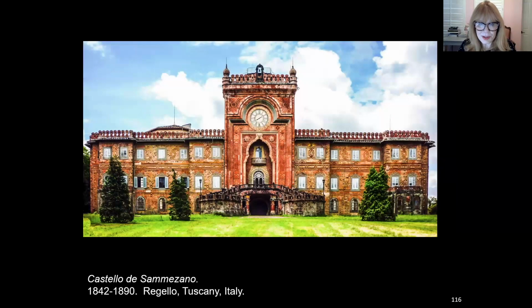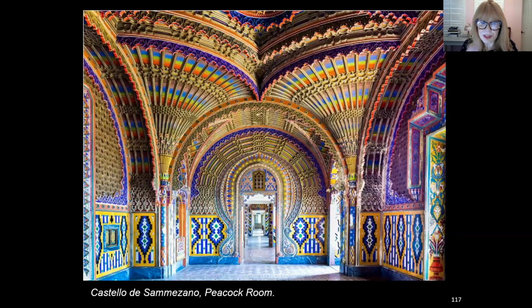Oh, this one, absolutely fabulous. In Tuscany, there is the Samazzano Castle. And this is one of the castles that has a lot of Moorish design to it. So this was built for Umberto the First and filled with these beautiful tiles and mosaics and just this burst of rainbow colors that are on the inside.